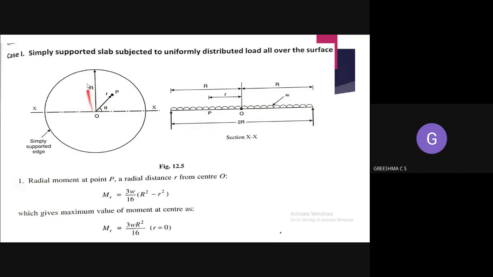And this small r is the radius at any point.